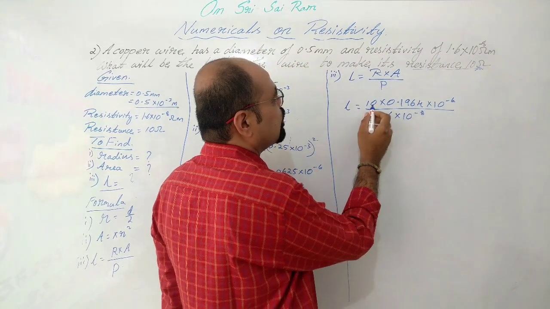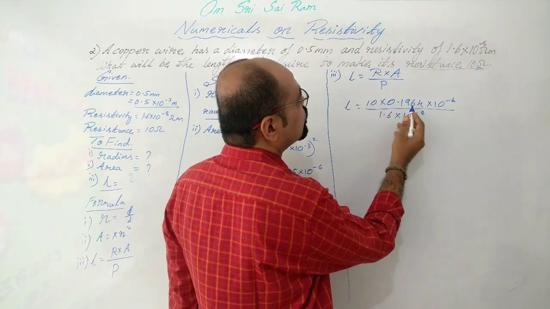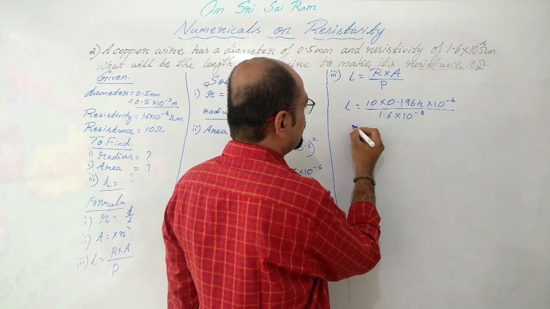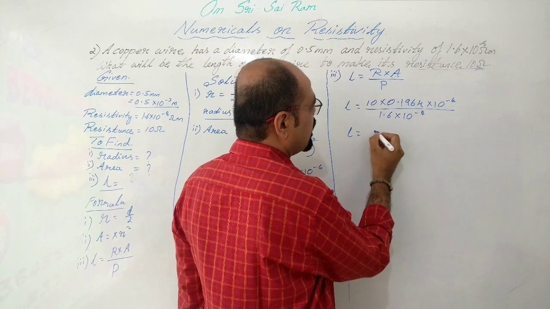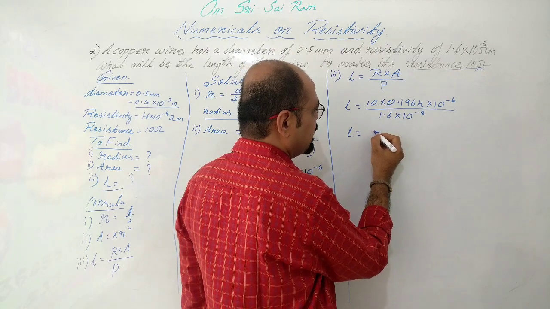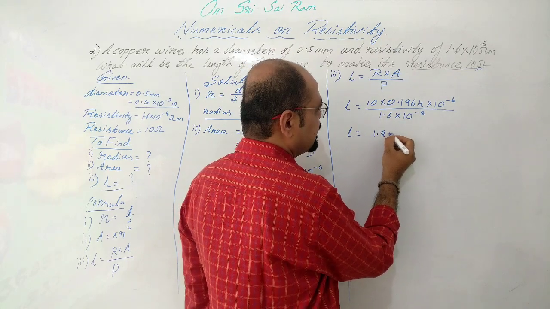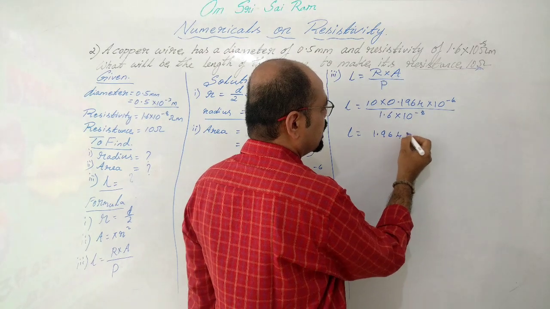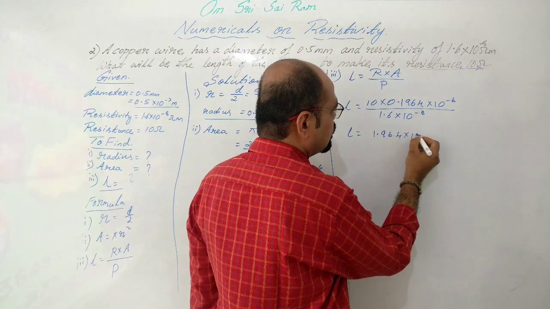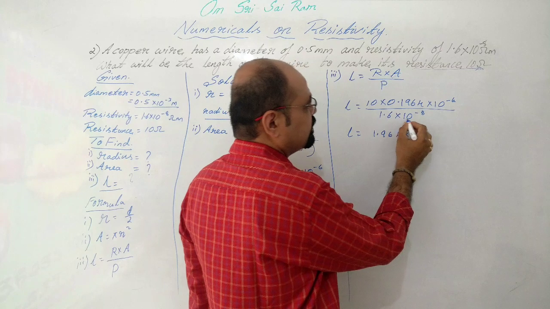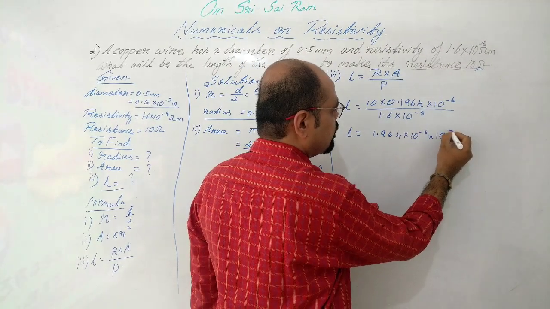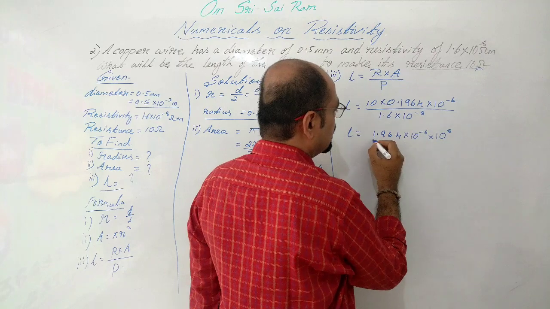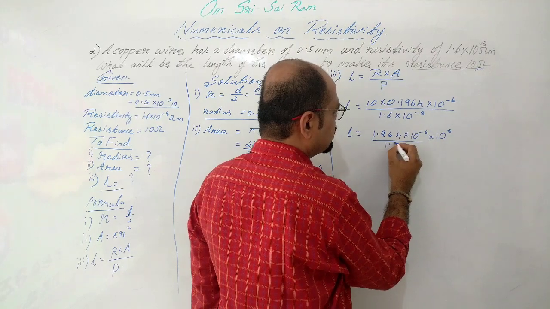Now 10 into 0.1964 we get as 1.964 into 10 to the power of minus 6. Let's carry this minus 8 up, so we get 10 to the power of plus 8, divided by 1.6.